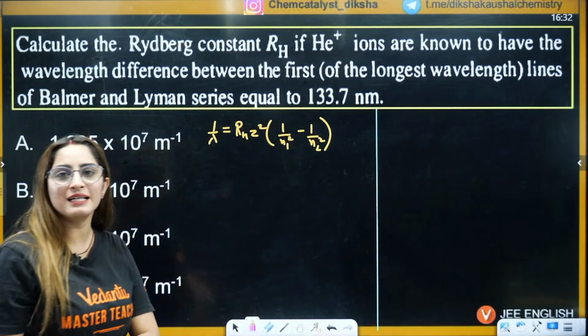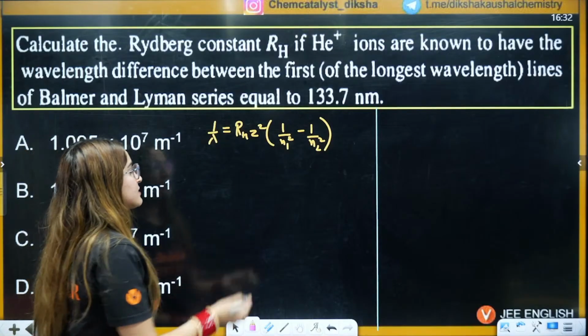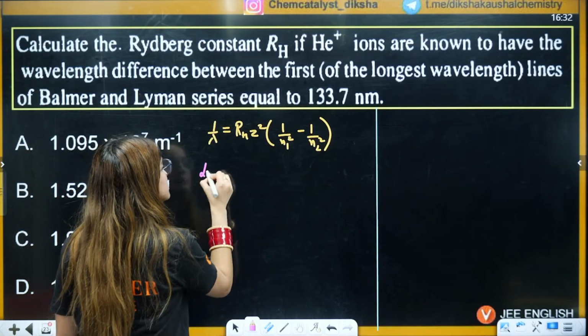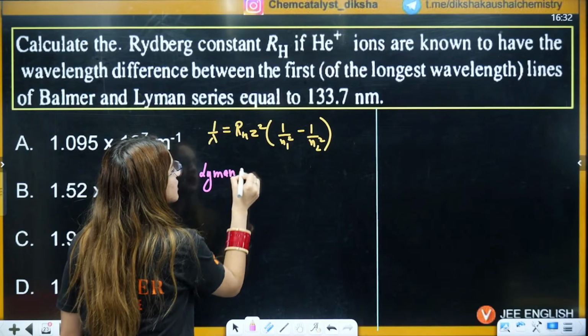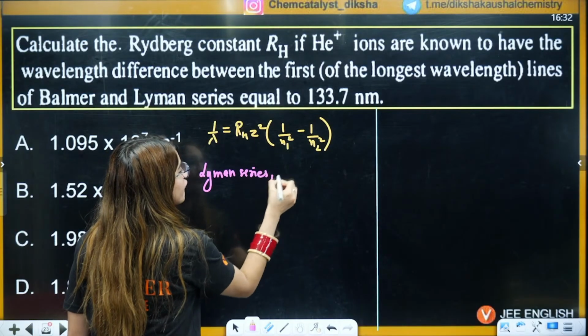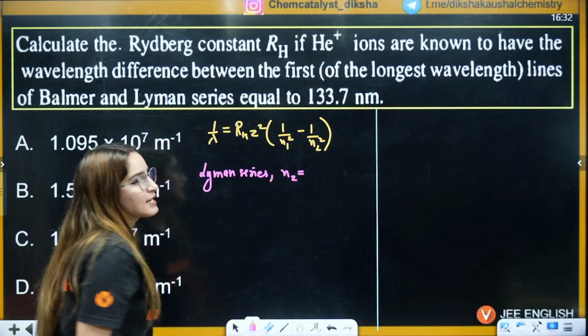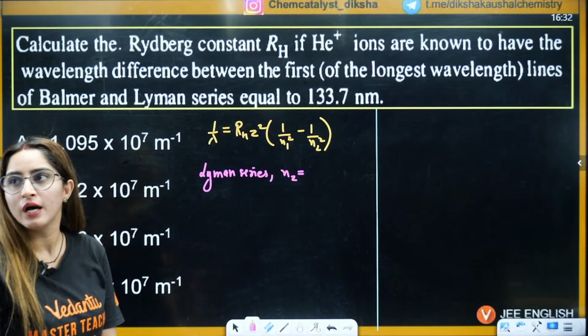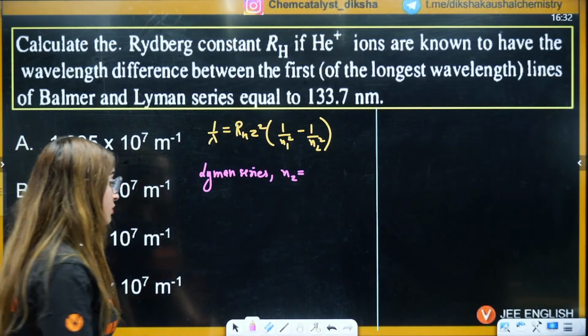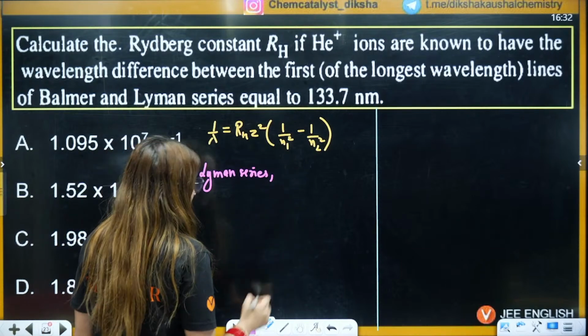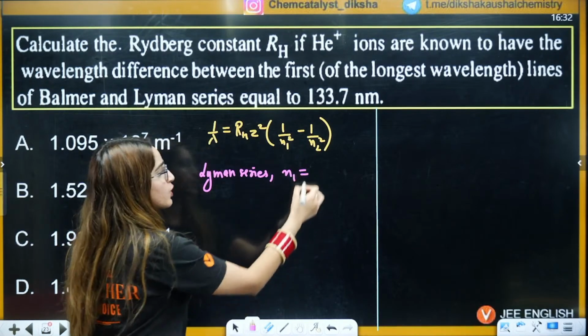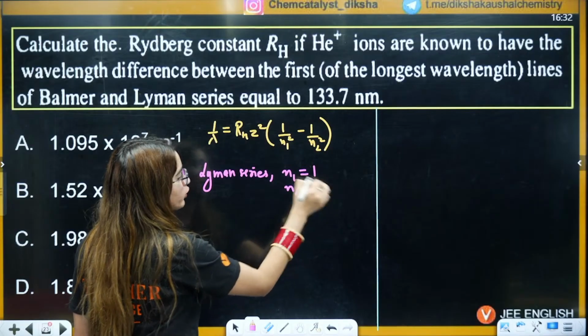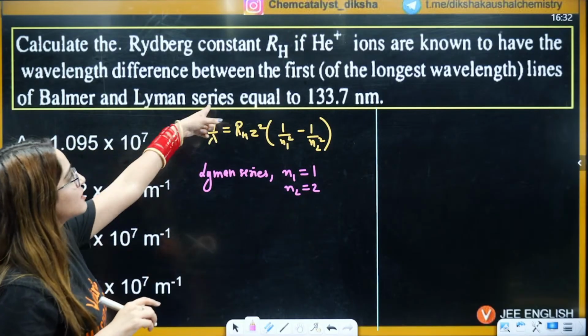We know that if you talk about, let's say Lyman series, tell me in Lyman series, what is the value of N1? It is going to be 1, and N2 is going to be 2, because they are talking about the first line.